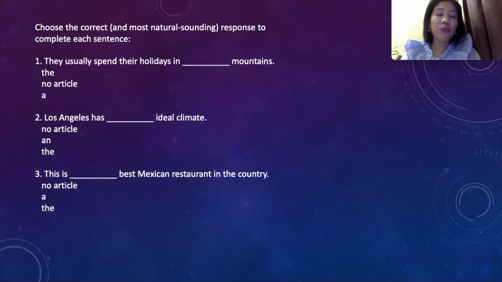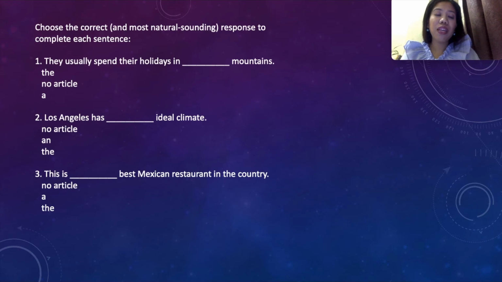So we have question number 1. They usually spend their holidays in blank mountains. The, no article, a. Number 2, Los Angeles has blank ideal climate. No article, an or the.